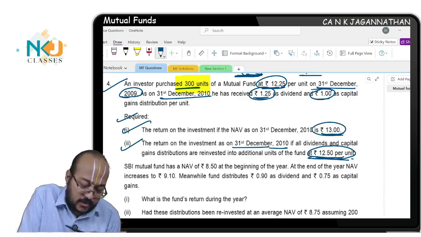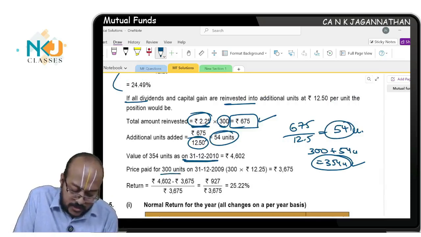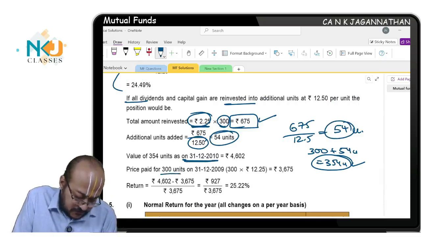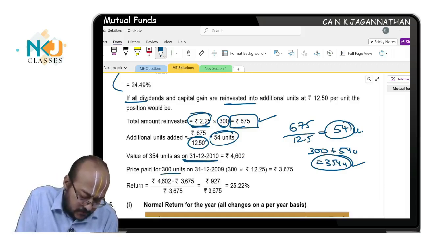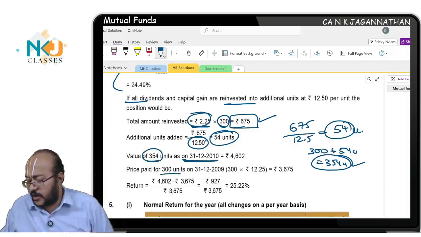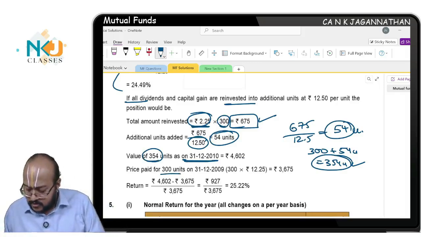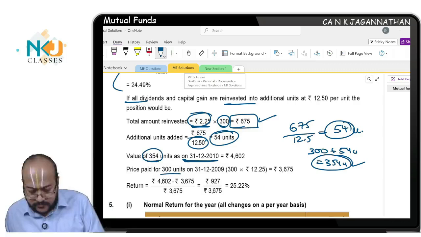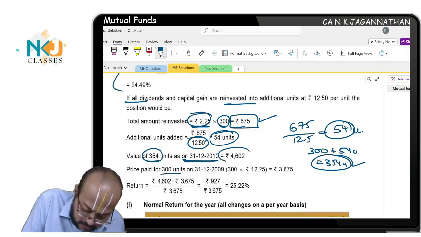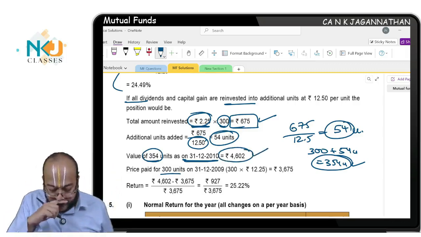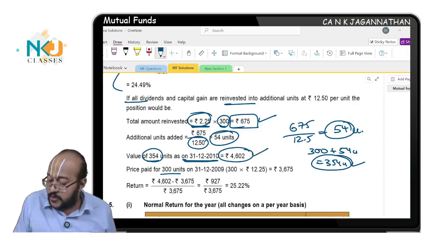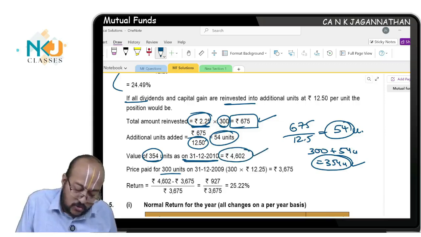Take your calculator, 1 second, 354 into 13 will give you the year end value of your investment. Closing value of your investments 4602, correct?